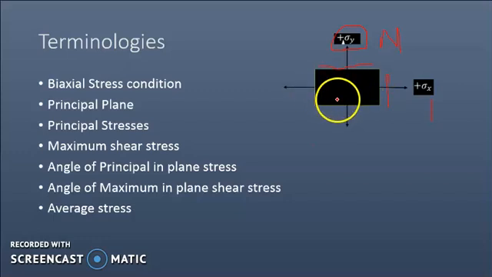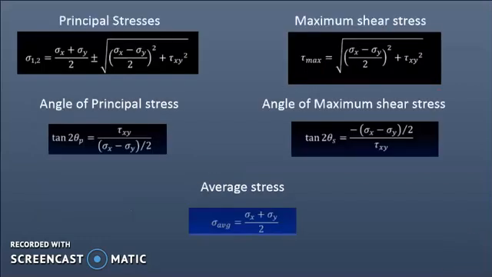The average stress is the average of the normal stresses acting, like here sigma x and sigma y. So the average of these will give you the average stress.